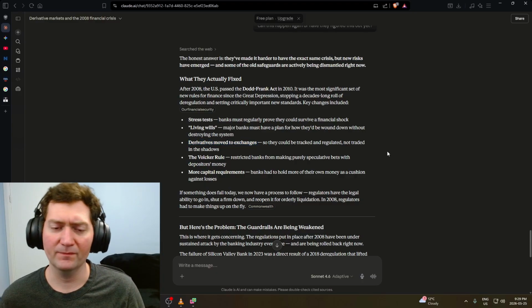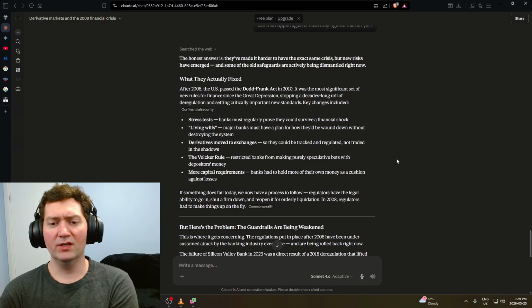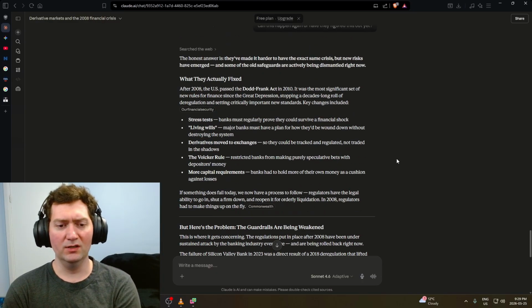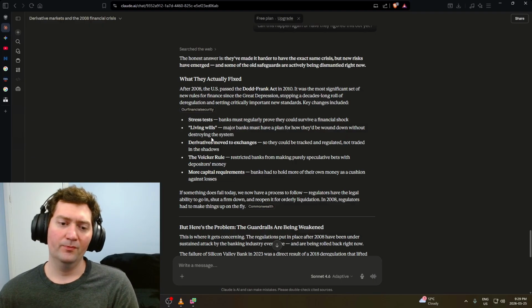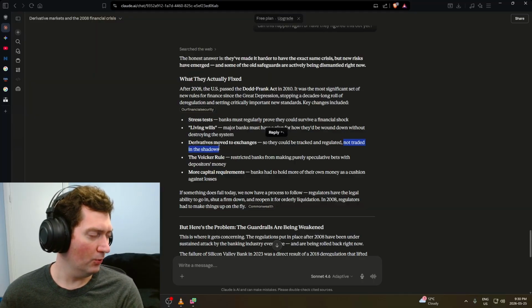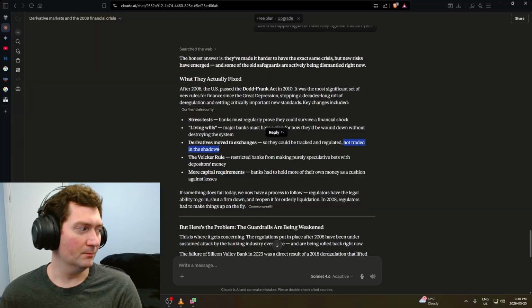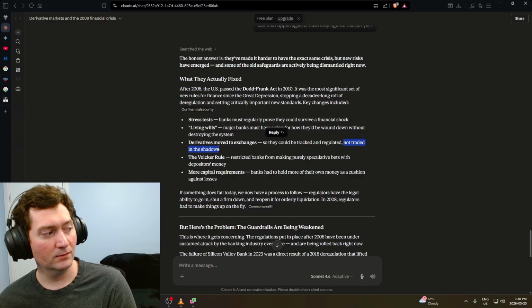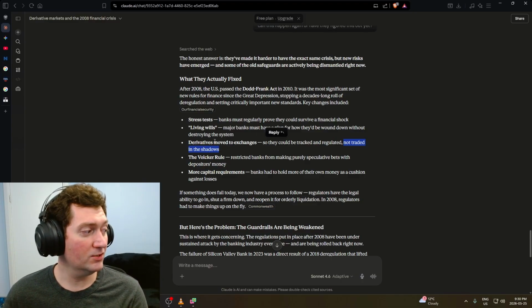I don't know. Okay, let's see if they cover it. So they could be tracked and regulated, not traded in the shadows. So that's important. When stuff happens with no oversight, private equity, this is where issues go up.